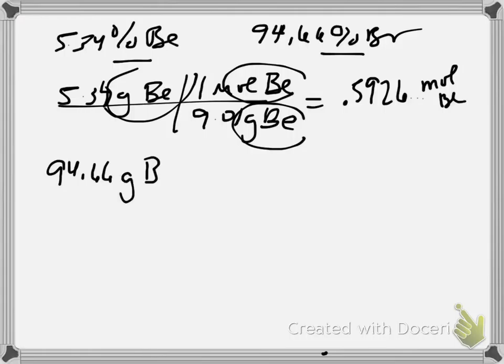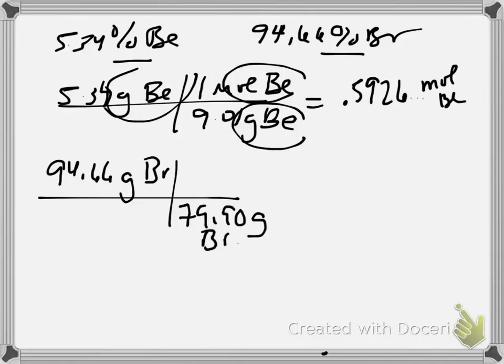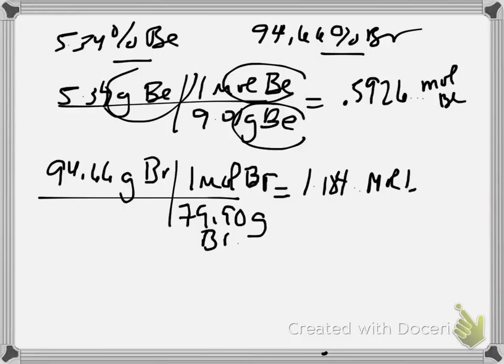So then we have 94.66 grams of bromine, 79.90 grams of bromine in 1 mole of bromine. And that gives us 1.18473, etc. moles of bromine.